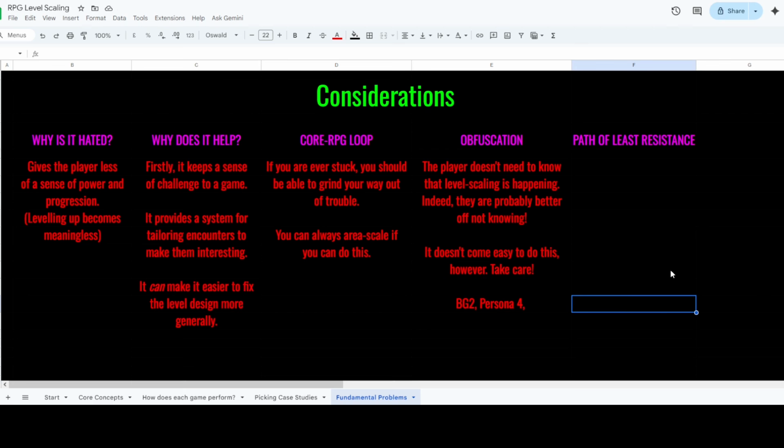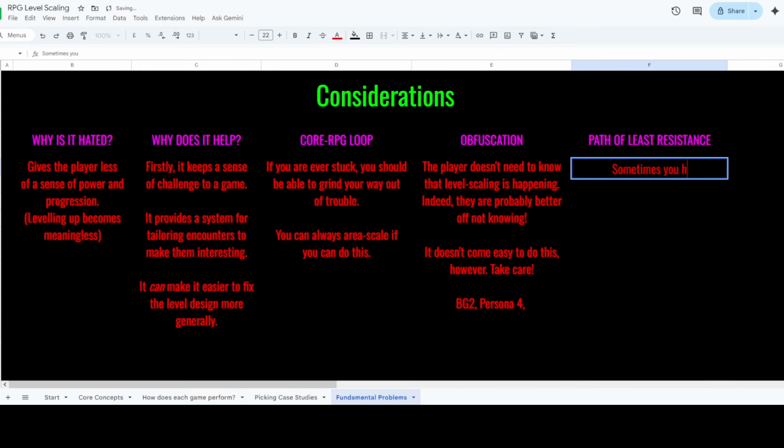And then the final point in question with this is, what's the path of least resistance to success? Sometimes you have to be realistic, I guess, about the systems.